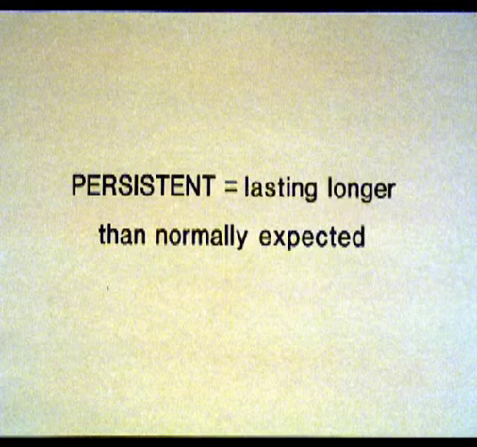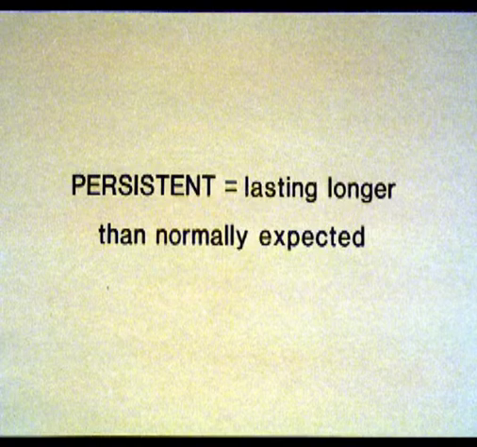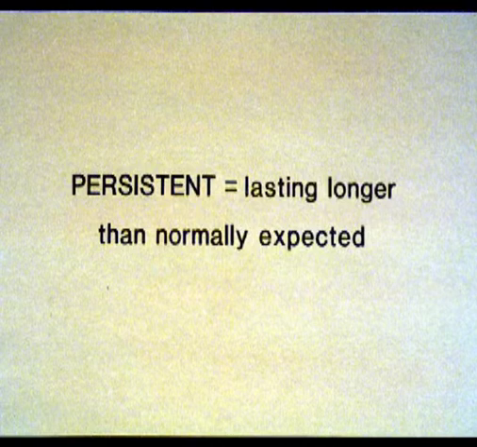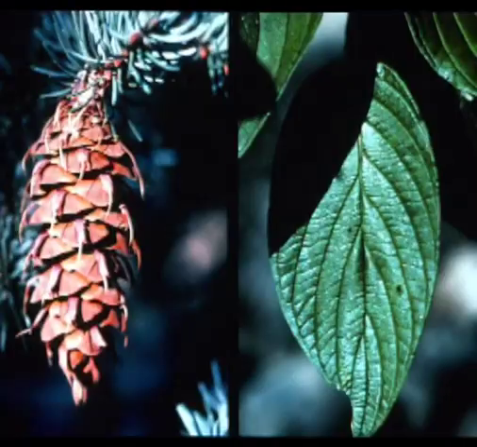At the same time, the leaves of broadleaf trees that remain green for more than 1 year may also be termed persistent, since they last longer than the one growing season normally expected of broadleaf deciduous trees. In effect, trees that are evergreen, regardless of whether they're broadleaves or conifers, are often said to have persistent leaves.